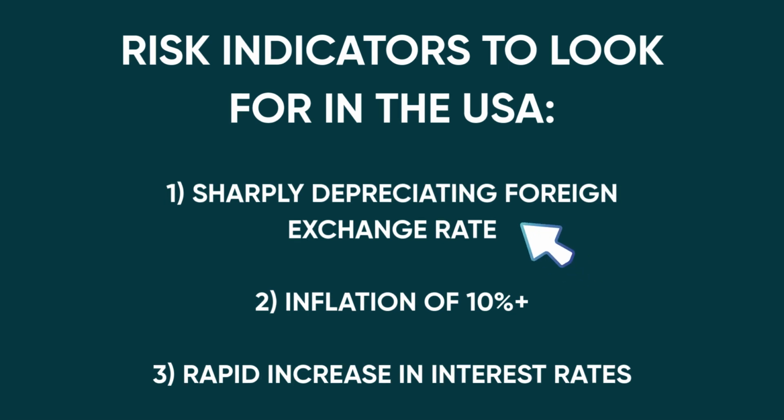And so a few of the things I would keep a really close eye on to manage this and monitor whether or not the balance of payments crises risk is increasing in the future is you'd want to, first of all, look at whether or not the foreign exchange rate is depreciating sharply. You'd also probably get in the United States a rolling and persistent rate of increasingly high inflation.